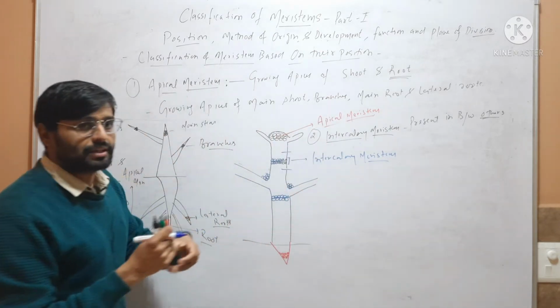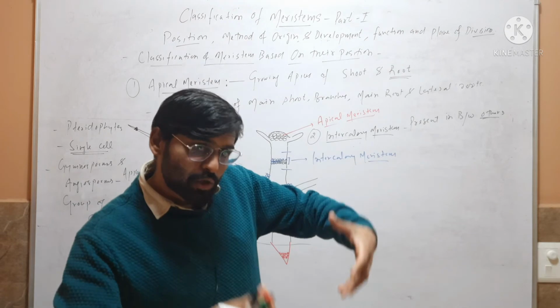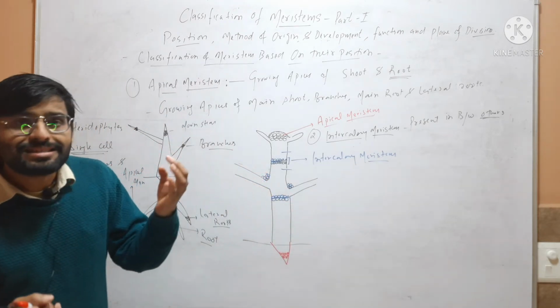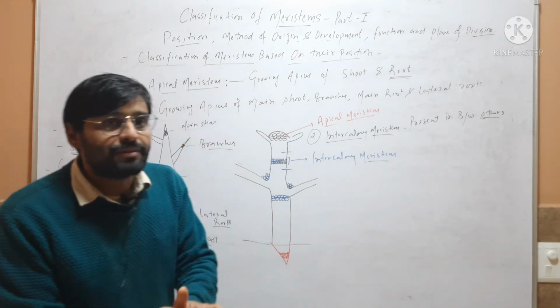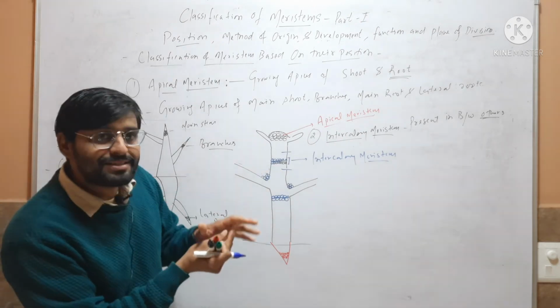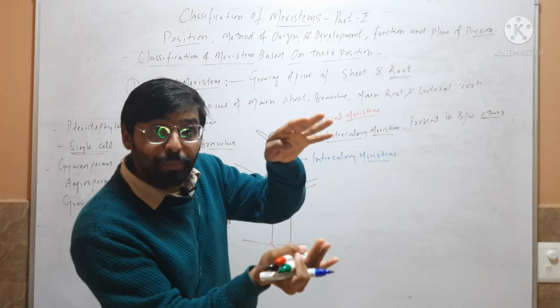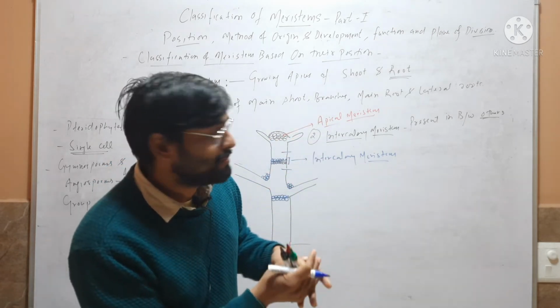When apical meristem divides and its cells differentiate and form permanent tissue, some cells are left behind that remain undifferentiated and have capacity to divide. So this type of meristem that is present between two permanent tissues is called intercalary meristem.